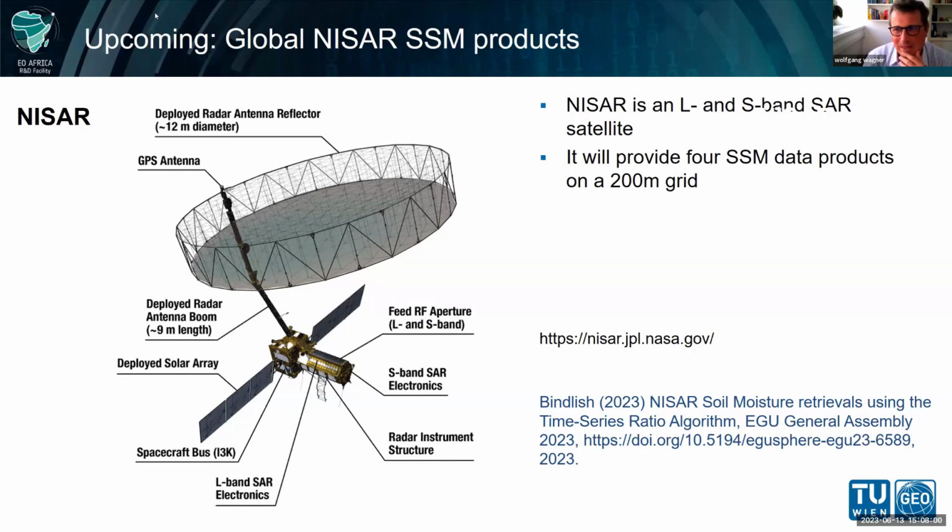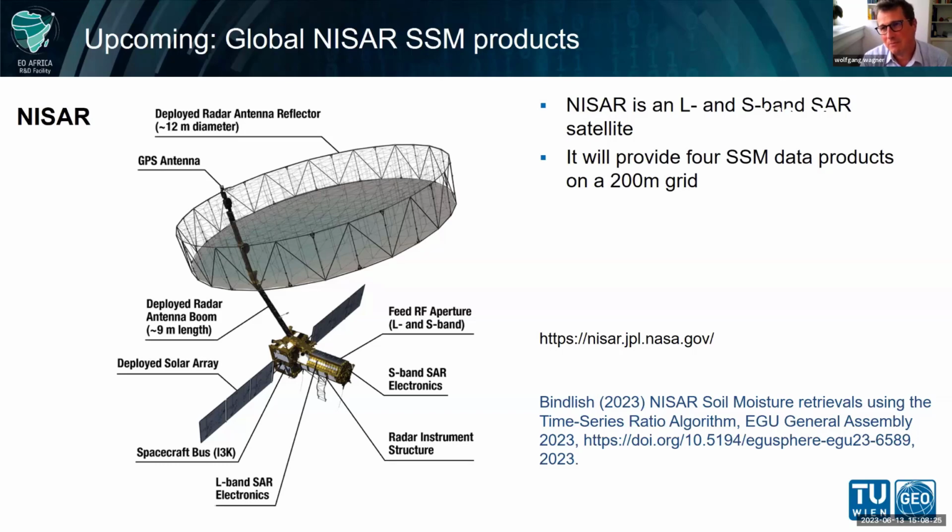You see here this amazing antenna, a 12-meter radar reflector antenna. The radar has an L band and an S band. And what the NASA team will try to do is produce global soil moisture data products on a 200-meter grid. So it's very ambitious.